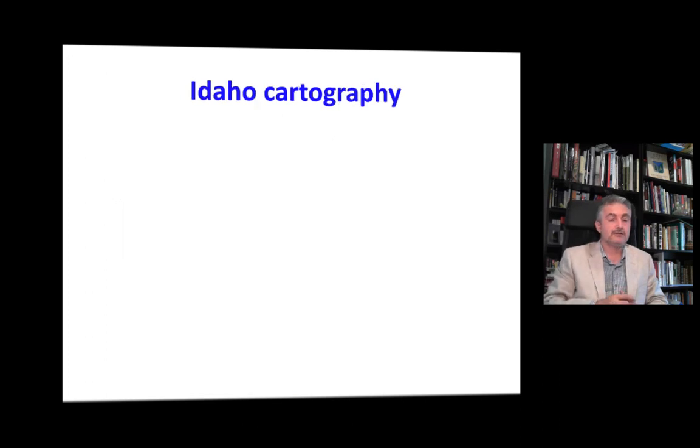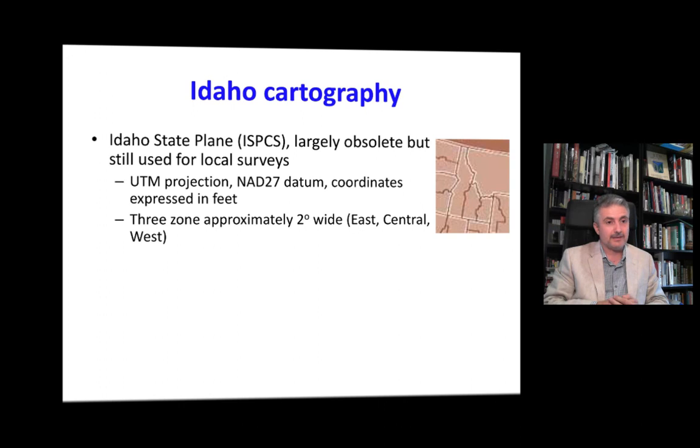In the case of Idaho, we have the Idaho State Plane System that is still used for some surveys and is still reported on the USGS quadrangles. It's in a UTM projection using the NAD27 datum, so a fairly old datum. The coordinates are expressed in feet.